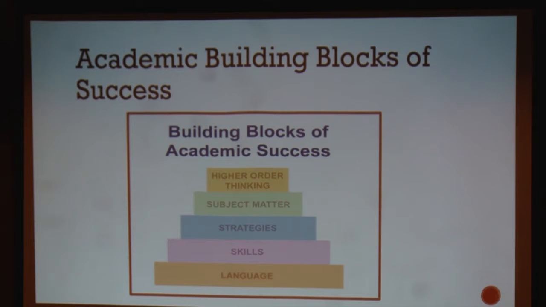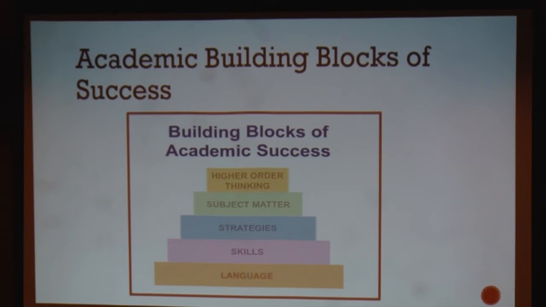So language is really that bottom foundational piece that needs to be strong to be able to get us onto that success. Skills and strategies are on top of that. So skills, those unconscious abilities we have to be able to do something well, to help ourselves. And strategies are a plan of action or a technique that you have learned that you choose to employ to help yourself solve a problem or do well at a task.